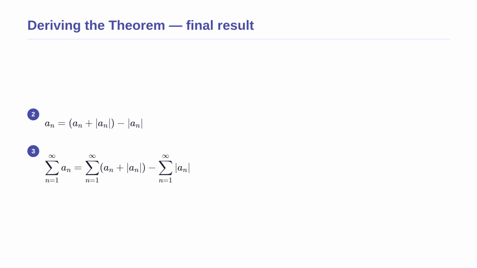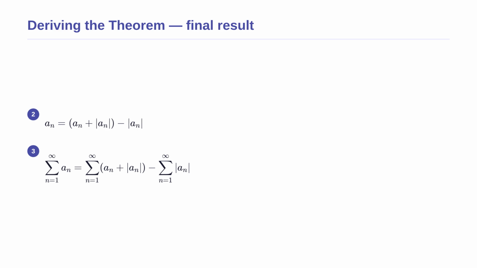Continuing from our convergent sum, we are ready to derive the final result of our theorem. We use a simple algebraic rearrangement to isolate our original term a sub n. We express it as the difference between our combined expression and the absolute value. This step is crucial because it breaks the original series into two separate parts that we already understand perfectly.